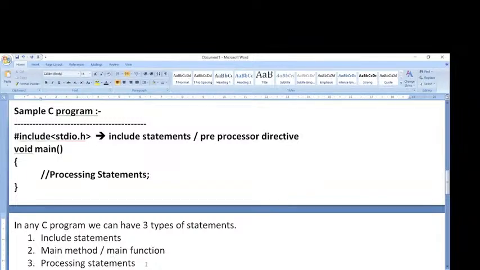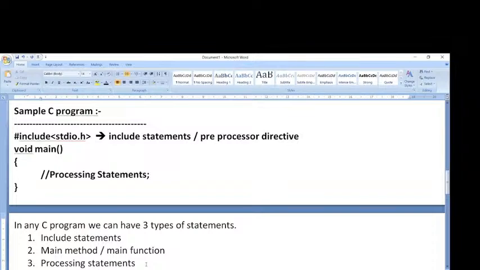What are include statements? Include statements are at the top of the program. It is the first line. It always begins with a hash symbol. It is used to copy the code of stdio.h into your program.